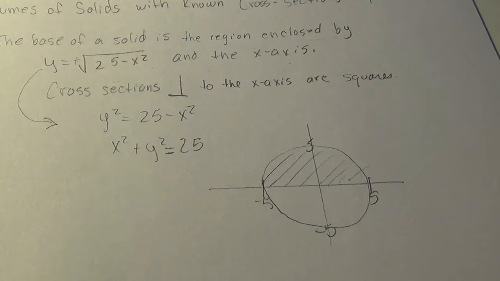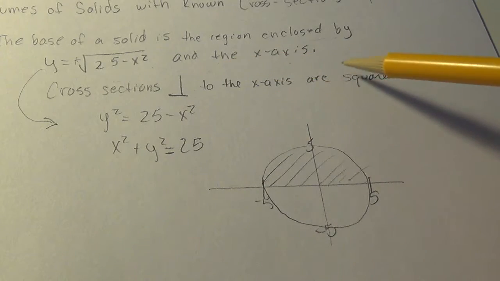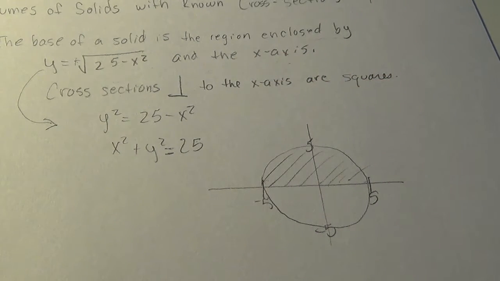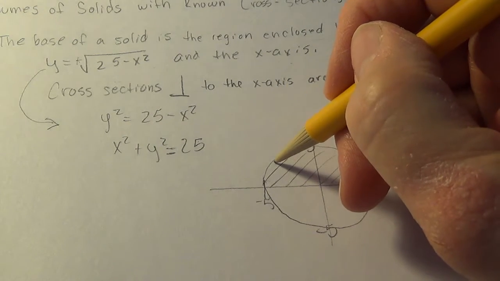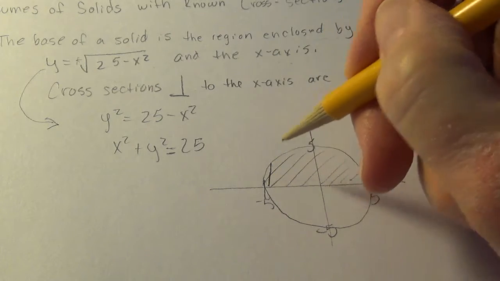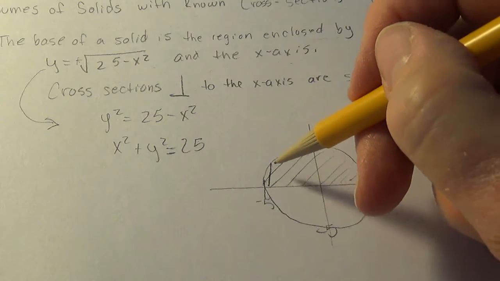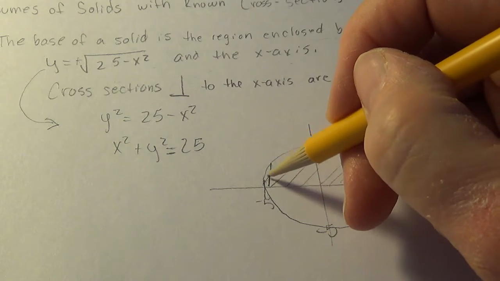And it says that cross sections of this solid perpendicular to the x-axis are squares. So I'm going to try to draw it this way and then another way. Here is a cross section, and it's perpendicular to the x-axis, and that is the side of the square.